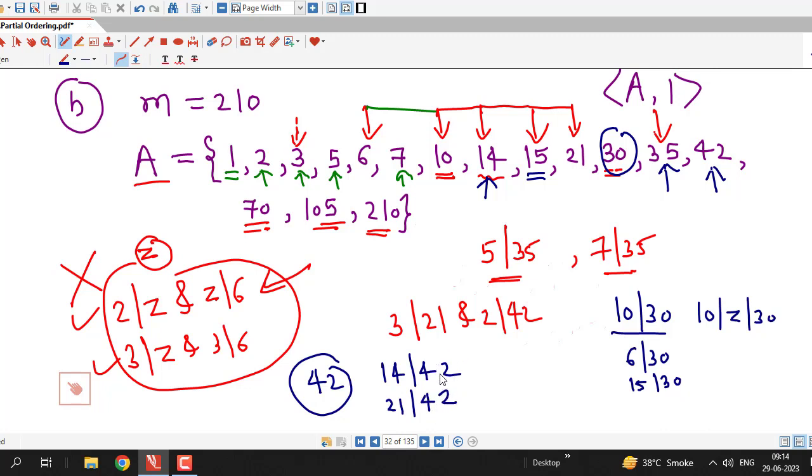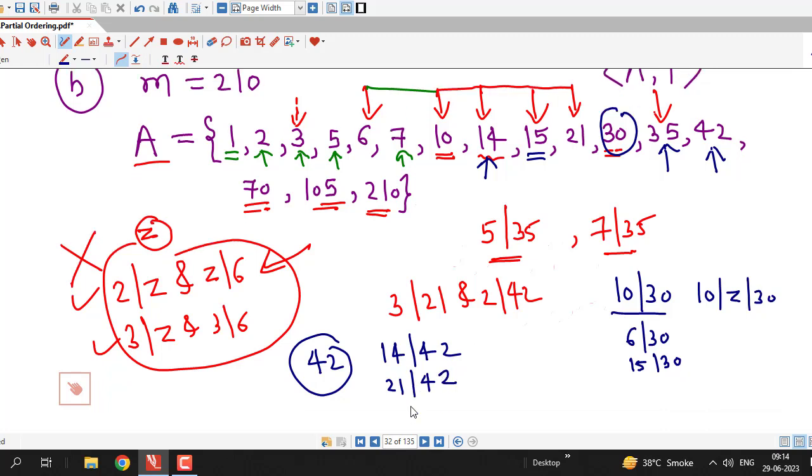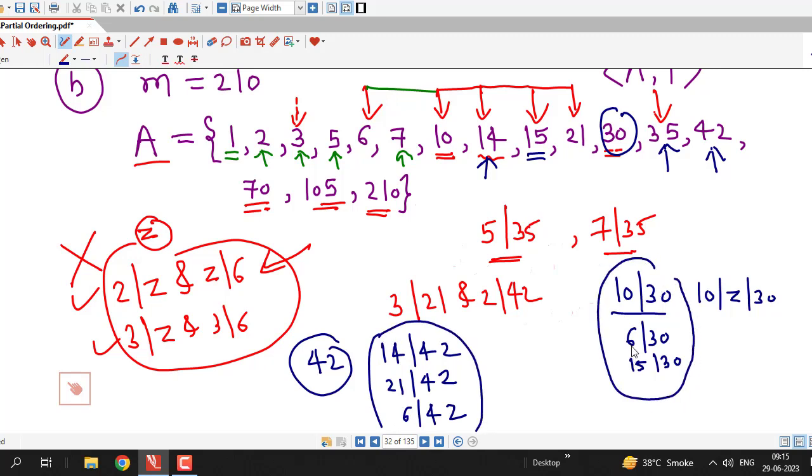There is no integer between 21 and 42. And what about 6? We know that 6 divides 42 and there is no integer between 6 and 42 such that 6 divides z and z divides 42. So 42 covers 3 elements, 6, 21 and 14. Similarly 30 covers 3 elements, 6, 15 and 10.